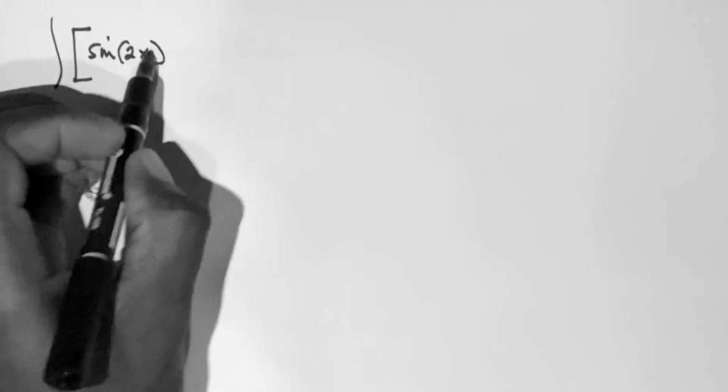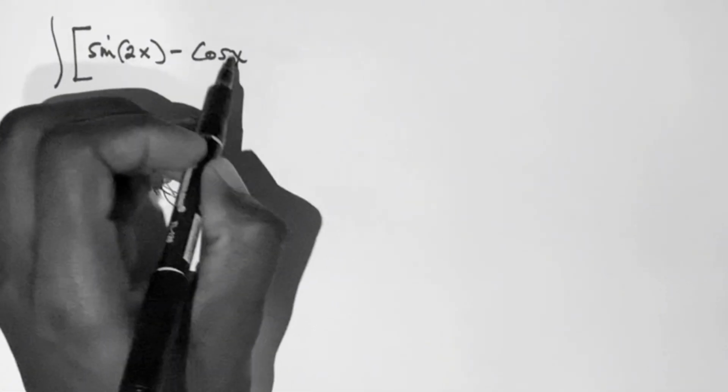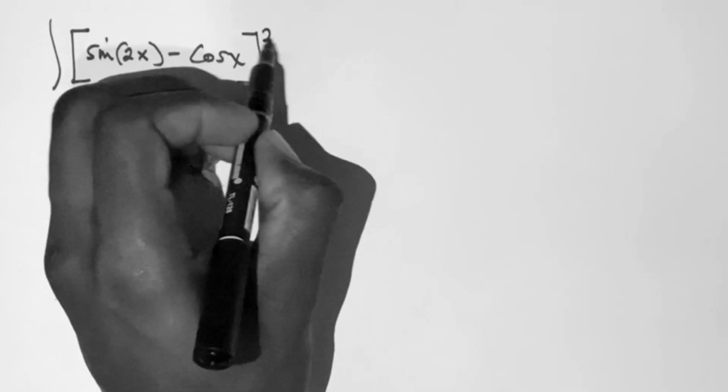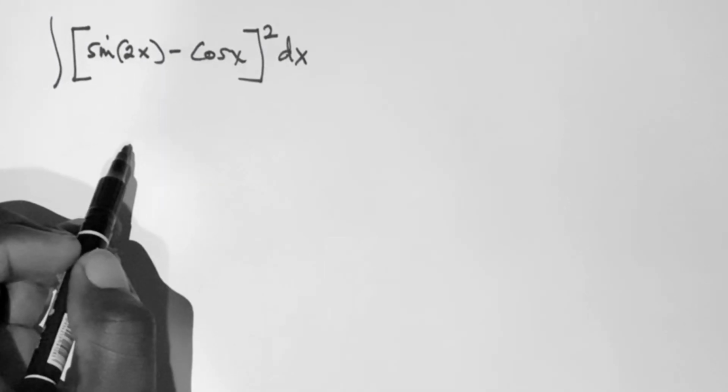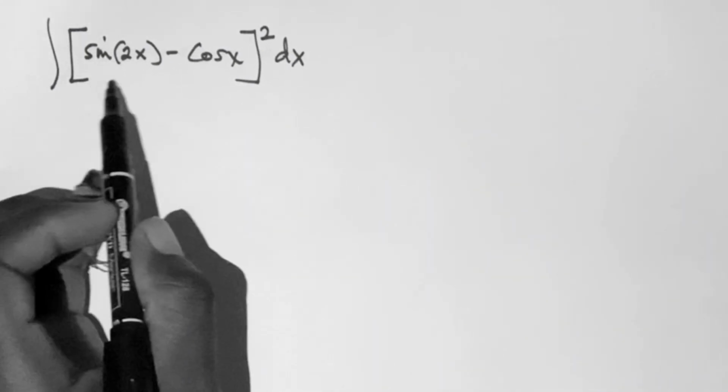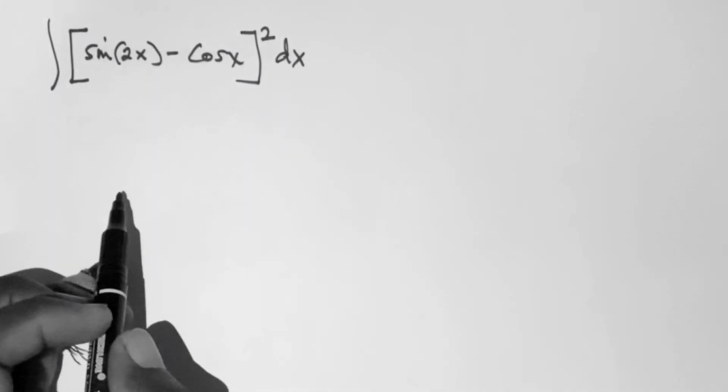Evaluate the integral of (sine 2x minus cos x) all squared dx. Now, how do we go about this? The safest method is to first do the expansion.